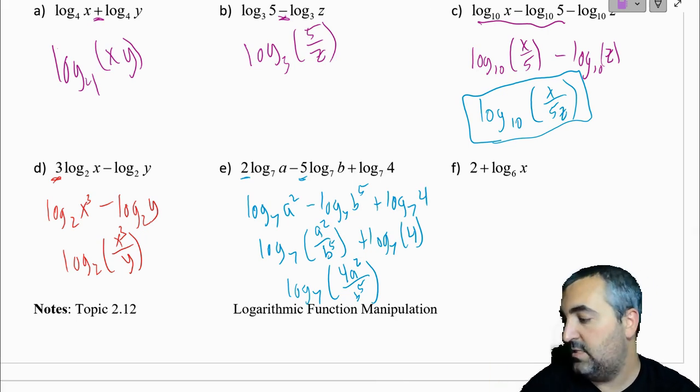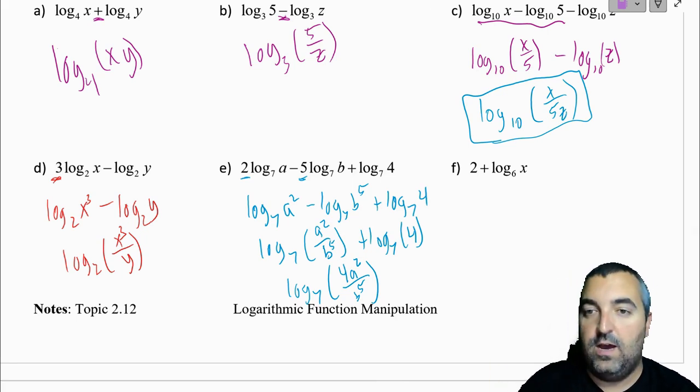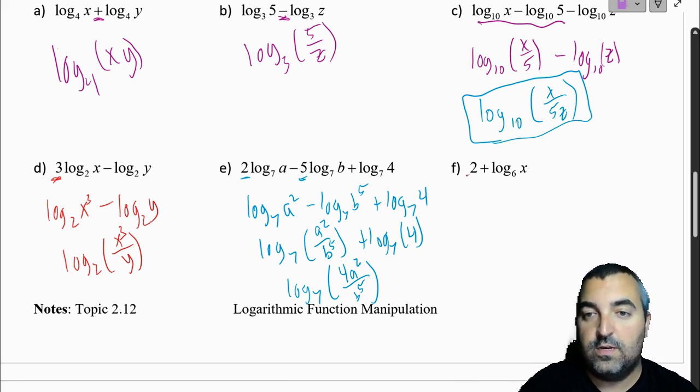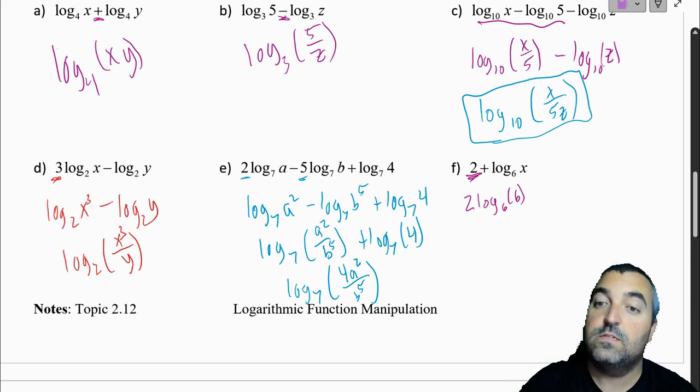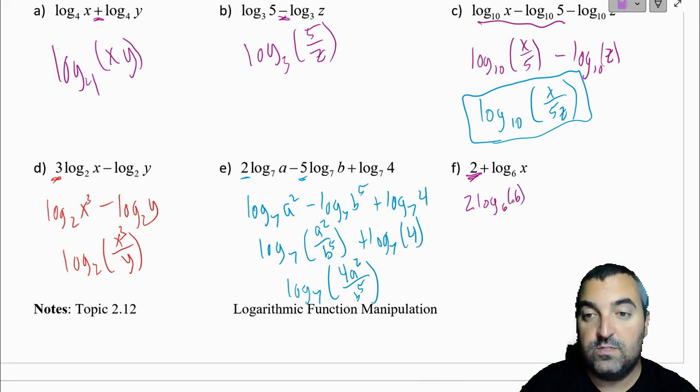All right, our last one here, this guy, is a little tricky because you're like, okay, there's no log in this guy. Well, what we can do is write log base 6 of 6. The reason why this is one of our basic log properties is that if these two things are the same, that means it's really 1.